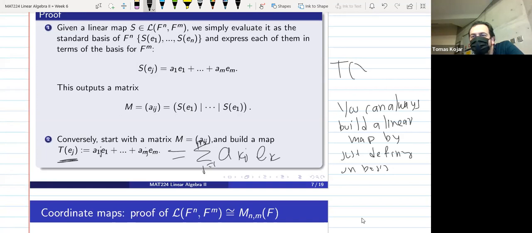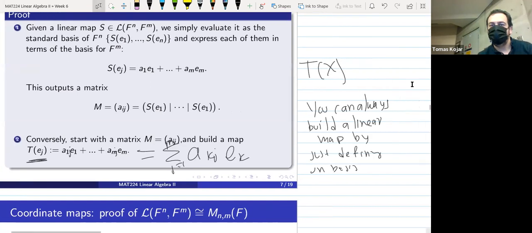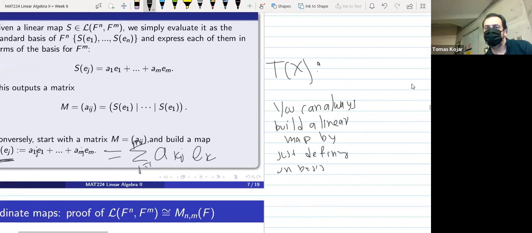So let me ask you again. This is the third time I asked the same question, but it's a good question. How should I define T of X? What should the definition of T of X be? You know your map on the basis.